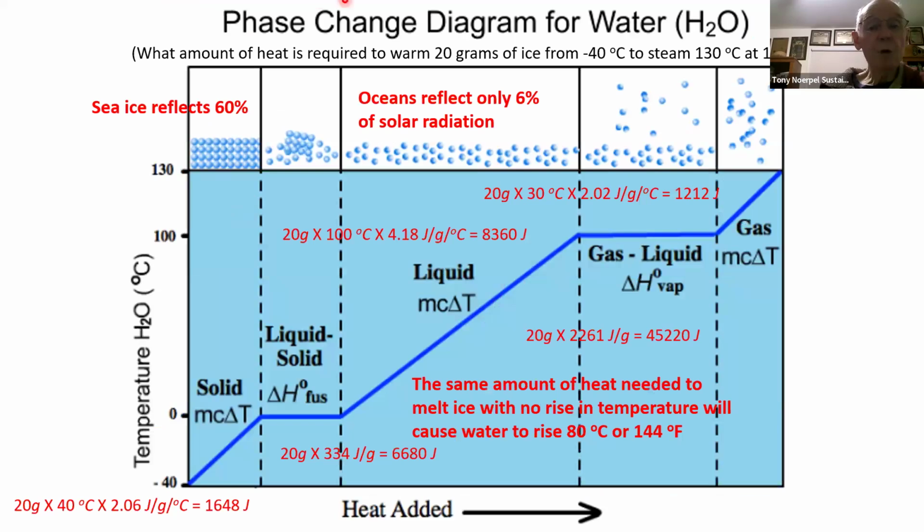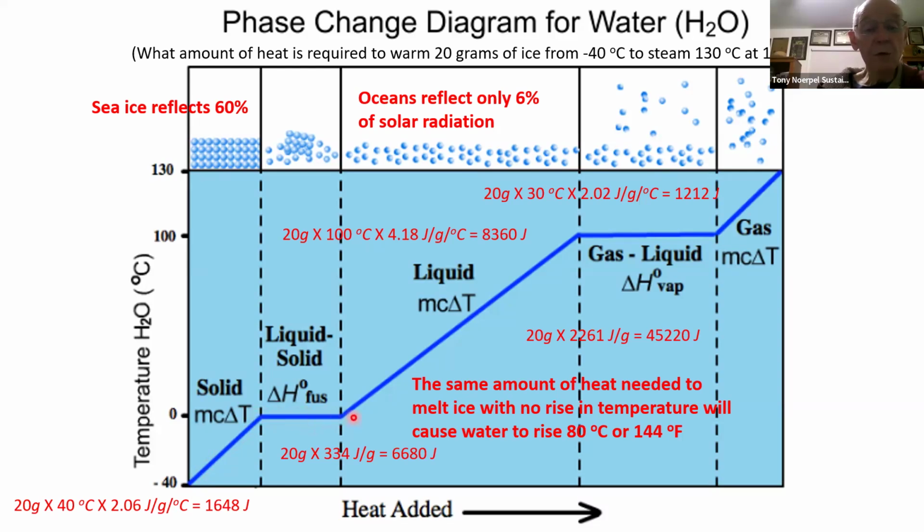And this is part of the reason. This is why it's easy for me to understand. If you have solid ice and you add heat to it, it will warm in proportion to the amount of heat you add until you start melting it, in which case it stops warming, and the more heat you add just melts ice. It stays at that temperature.